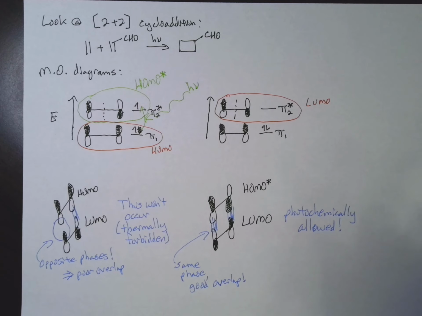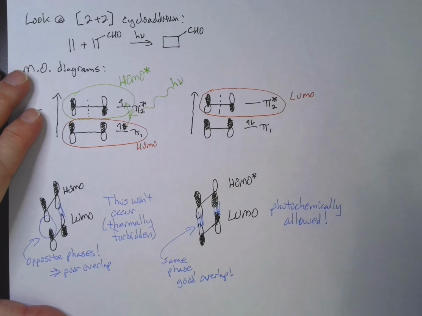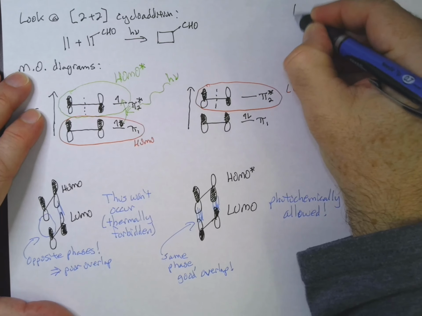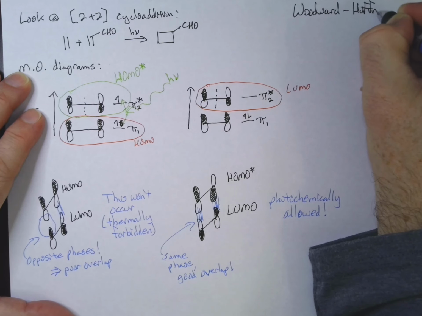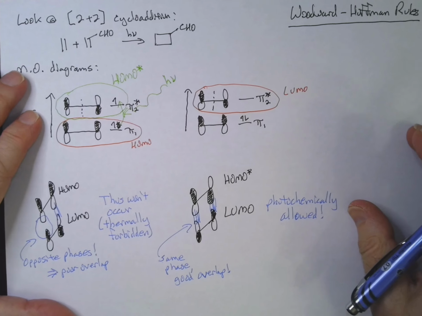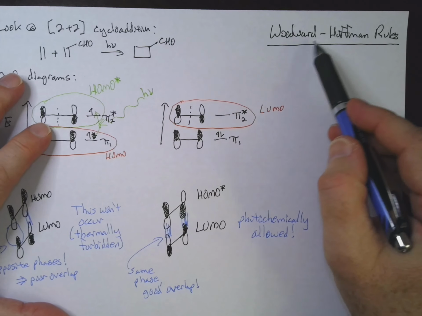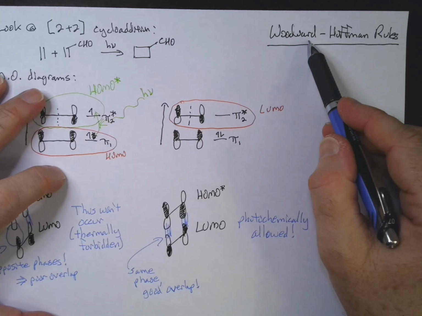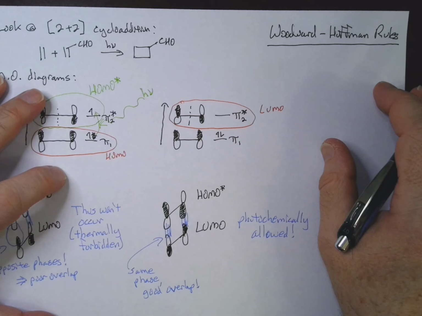And we can generalize this into what are called the Woodward-Hoffmann rules. Basically, the Woodward-Hoffmann rules, developed by two chemists, Woodward and Hoffmann, refer to whether a reaction proceeds thermally or photochemically. That's determined by the phases of the frontier molecular orbitals.